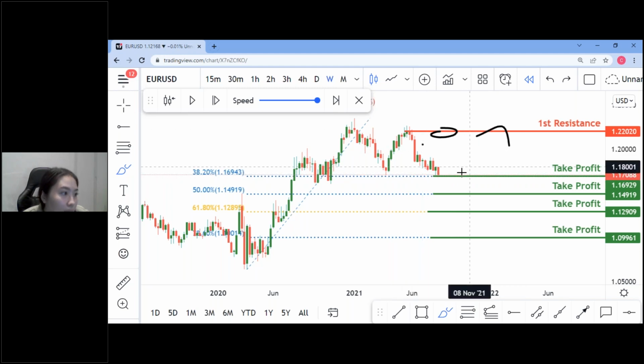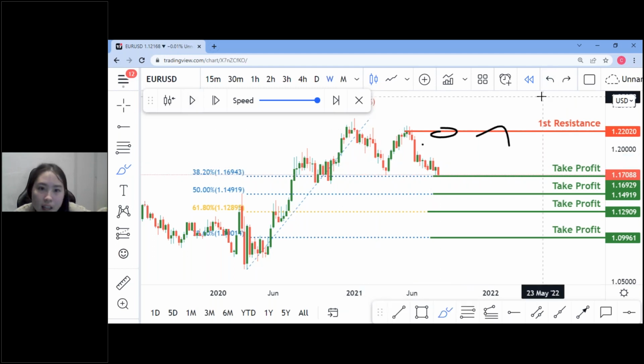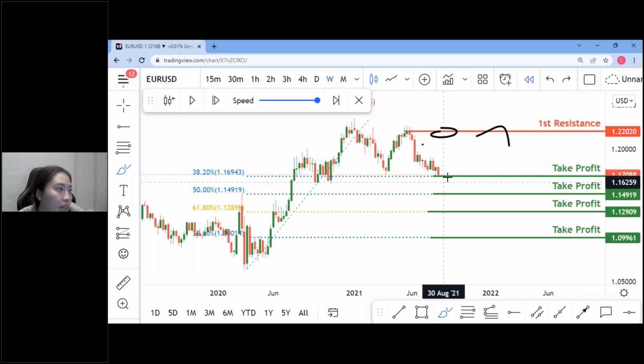But at this current point of time, the candle is a very strong bearish candle, which is not signifying a buy. So we're not going to enter a buy here. We're just going to see what price does.